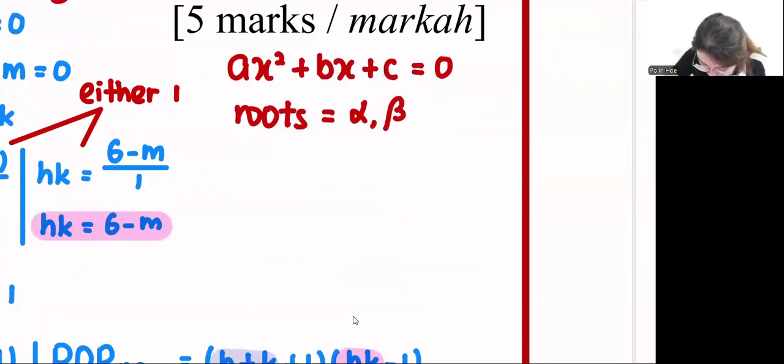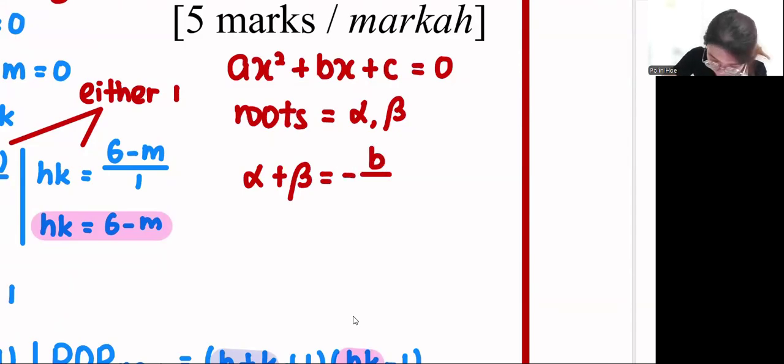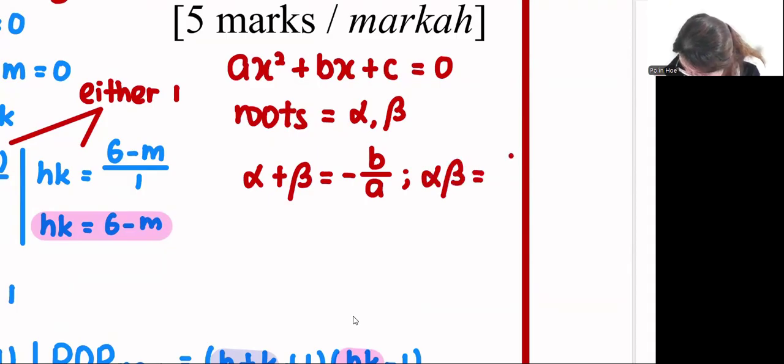My SOR will be alpha plus beta will be equals to minus b over a. And my product of roots will be alpha beta equals to c over a.